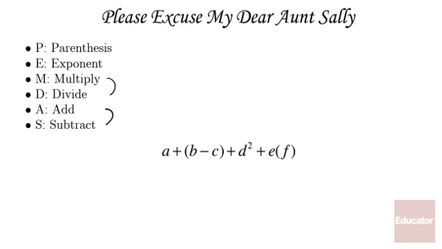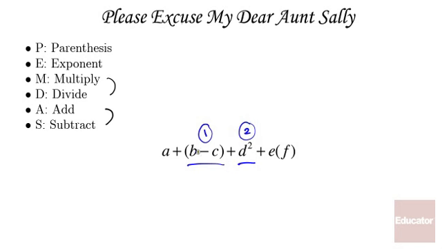So this right here would be number 1. That's the first thing you'd have to do. So when you have a number B minus a number C, that's the first thing you're going to solve out. The second thing you're going to solve out is the exponent, right?